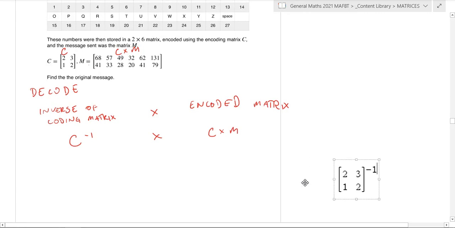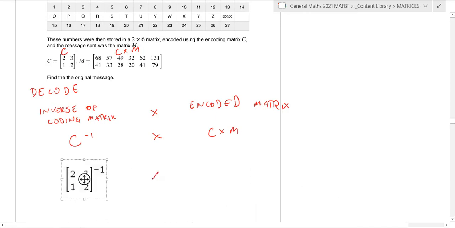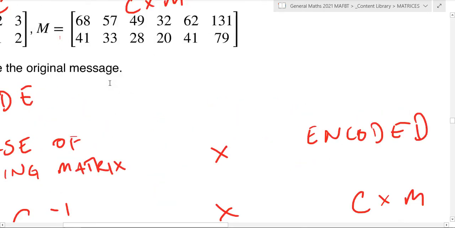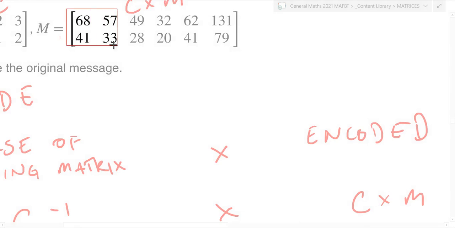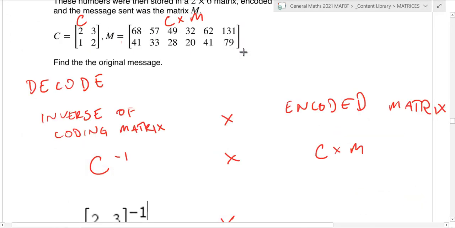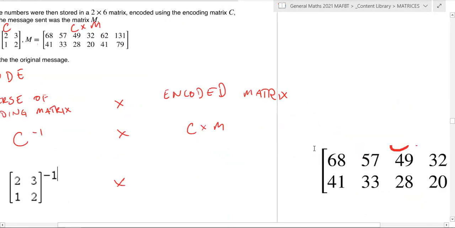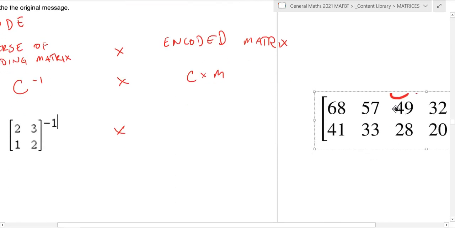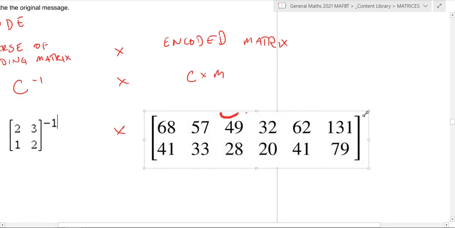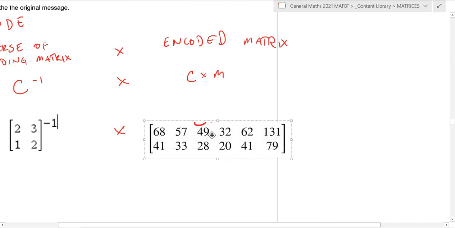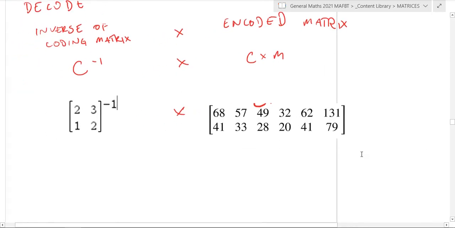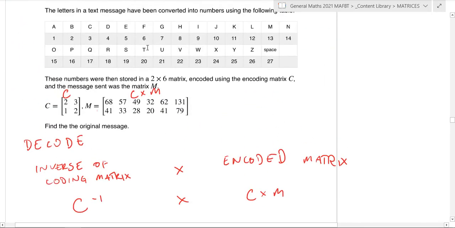So C inverse, which is that, multiplied by this matrix here, matrix M, because this is the encoded matrix. Multiply by this, and what you'll find is that when you multiply those two together, that will give you the original numbers that correspond with this.